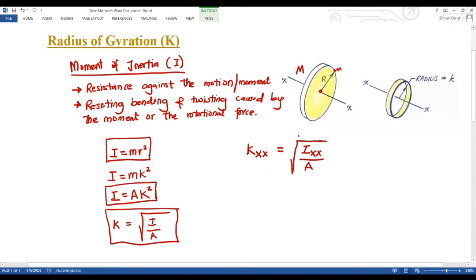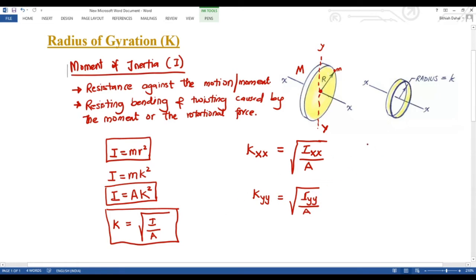Now if I want to find it about the other axis, the y axis, the radius of gyration about the y axis will be equal to root over I y divided by area, right?